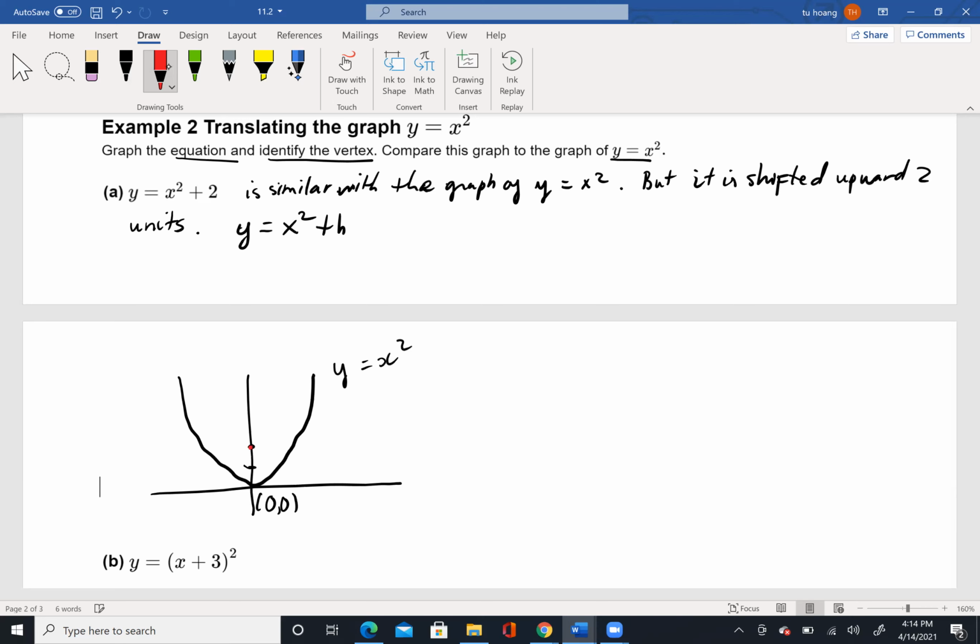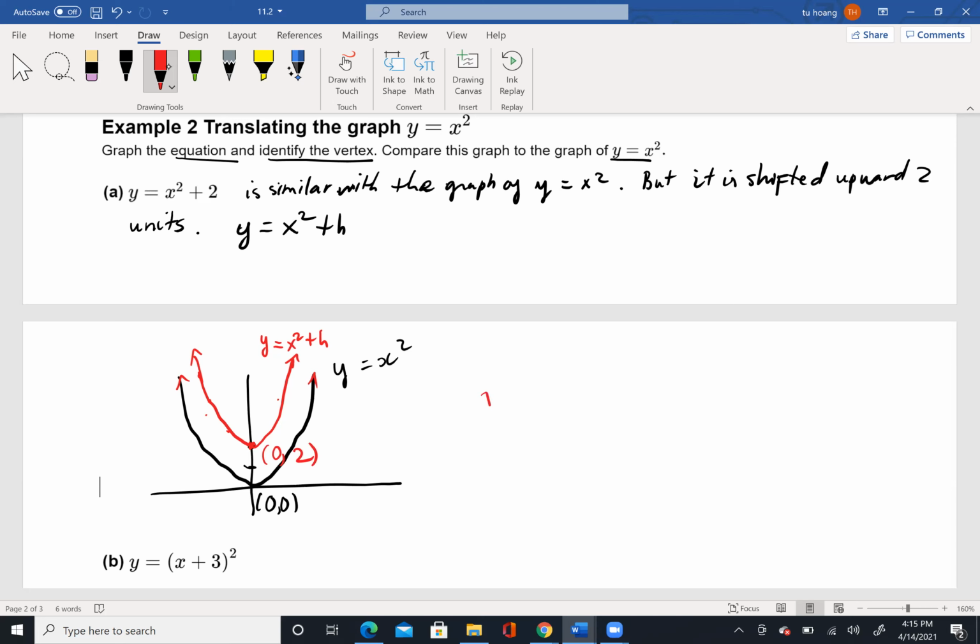Then the new graph will be like this. So this one is y equal to x squared plus h, and the vertex was 0 and 2.